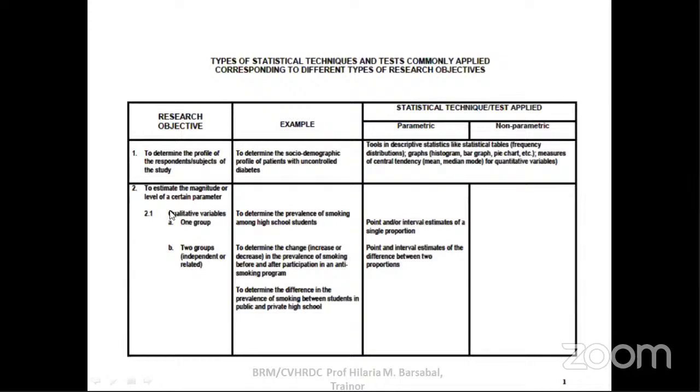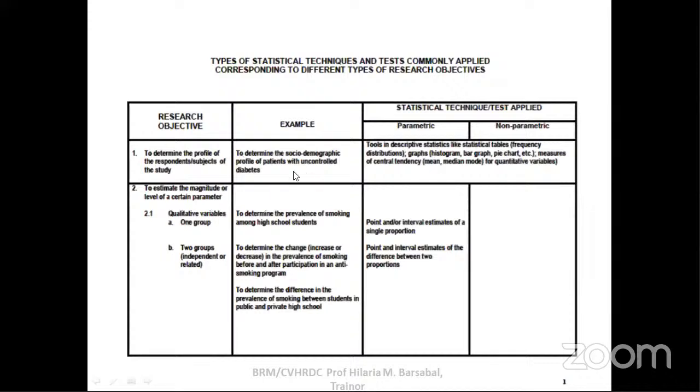So for example, if your objective now is to determine the profile of the respondents, or the subject of the study. So that is your research objective. So determine the demographic profile of the respondents of the study, right? In other words, determine the social demographic profile of the patients with uncontrolled diabetes.